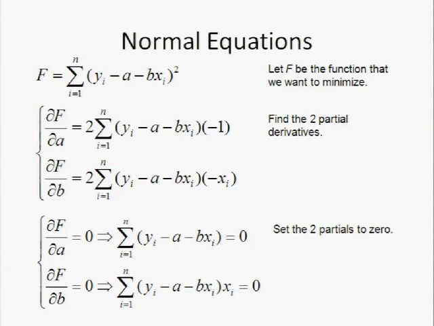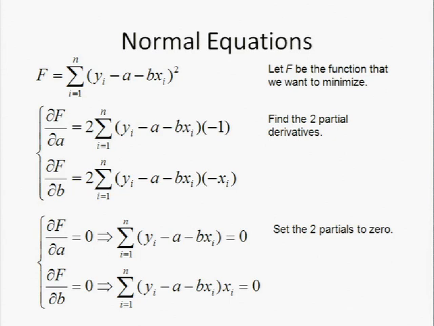Because we're trying to find the best line equation. There's many line equations I could draw, different a's, different b's. But I'm trying to say, what is the best a, what is the best b that I can come up with that would minimize that function? So that's the problem that I'm trying to address.